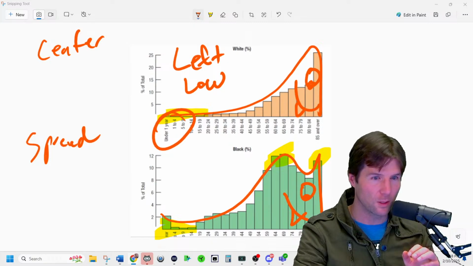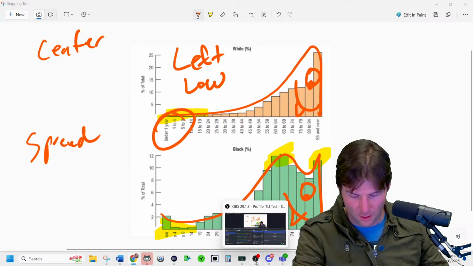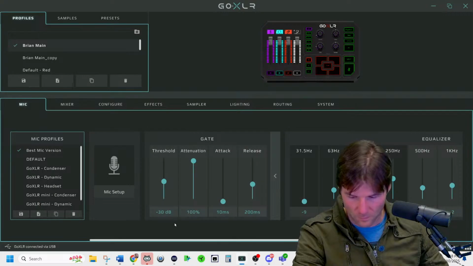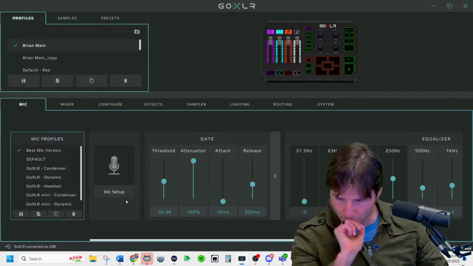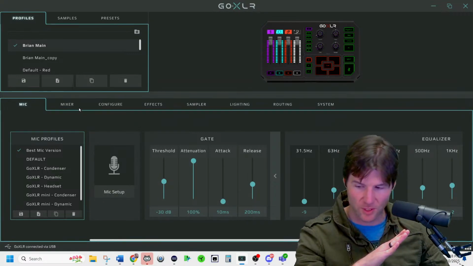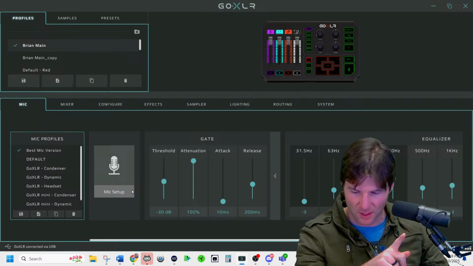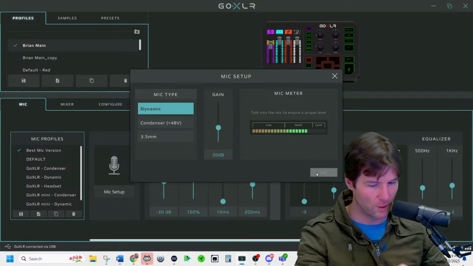Am I cutting out? I think it's the adjustment we made to the mic. It's the gate, because I still see the mic picking up. Sorry everybody about this. When we started the stream today, there was an issue with the mic and I had to reset it up. Let me go back to dynamic. 1 2 1 2 1 2.